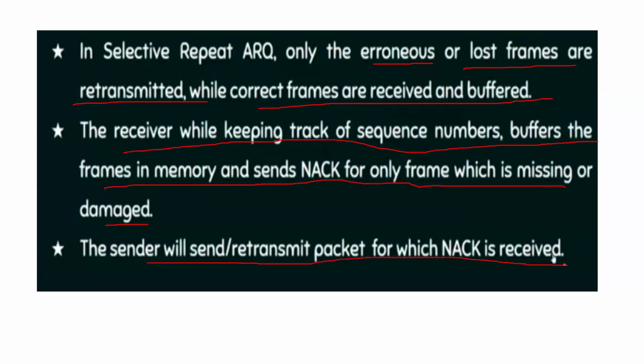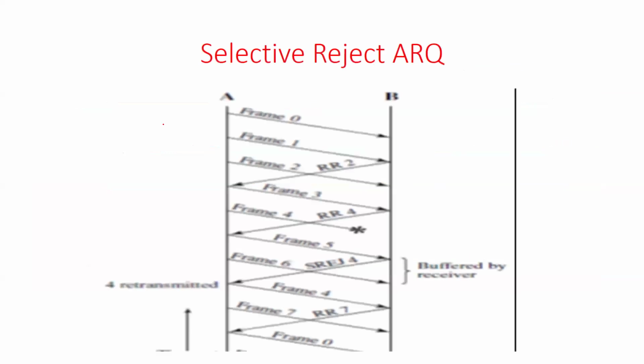Let us see this in a diagrammatic representation of selective reject ARQ. Here it is going to send frame 0, frame 1, frame 2, frame 3. When you are sending those frames, four are transmitted: frame 0, 1, 2, and 3.